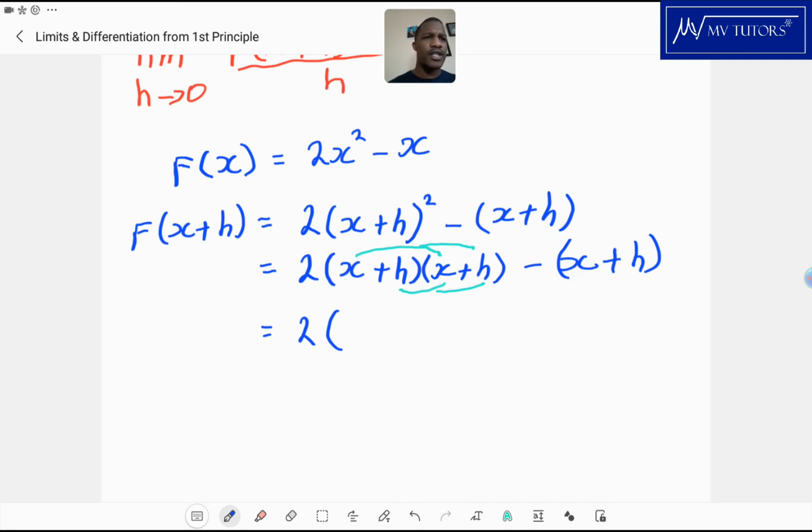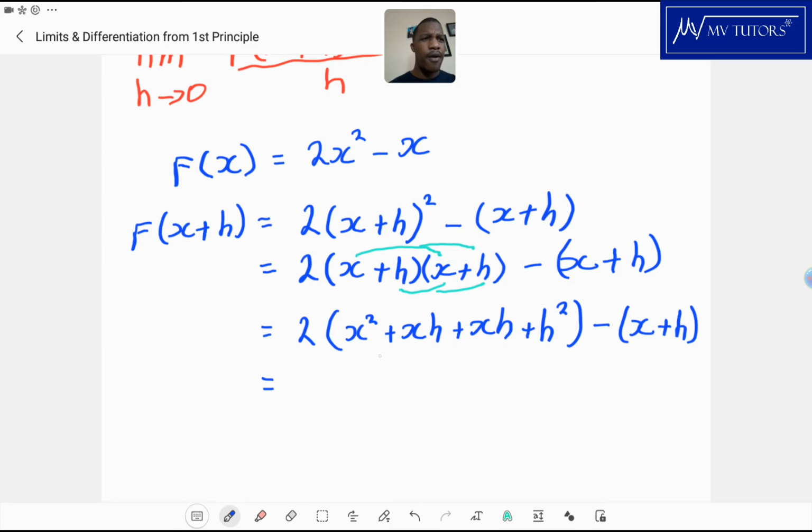The first one is x times x, which gives me x squared. Next one is x times h, which gives me xh. Next one is h times x, which is also xh. And the last one is h times h, which is h squared. Close the brackets, minus. I'll keep this one as x plus h.